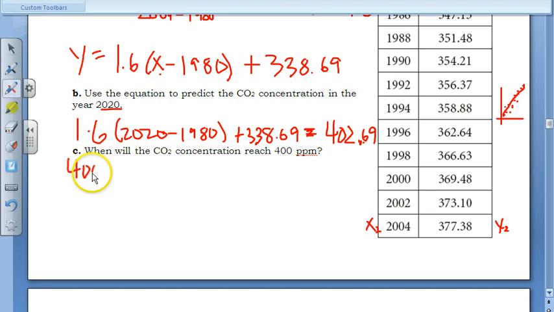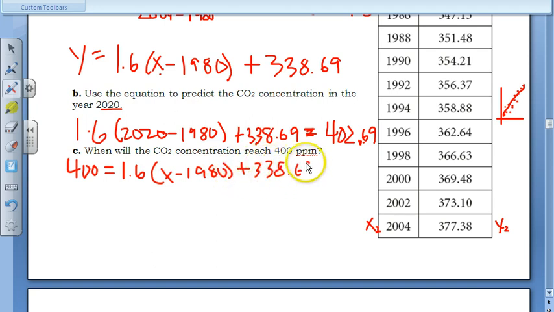So we have 400 is 1.6 times (x minus 1980) plus 33869. To begin, we're going to subtract y1 from both sides.